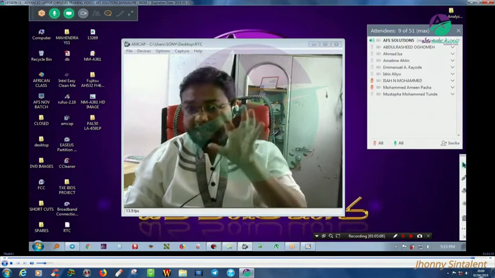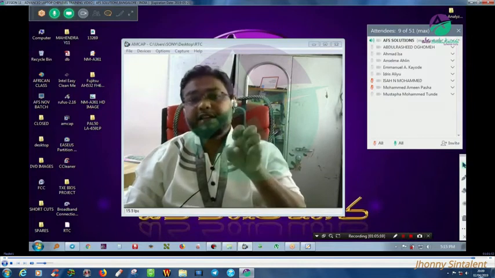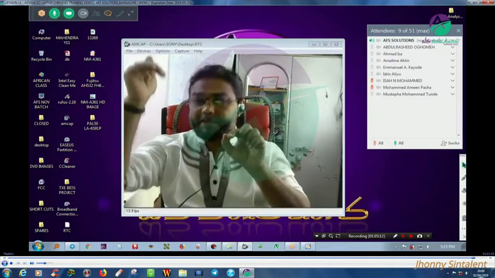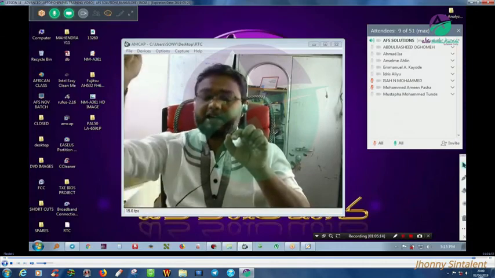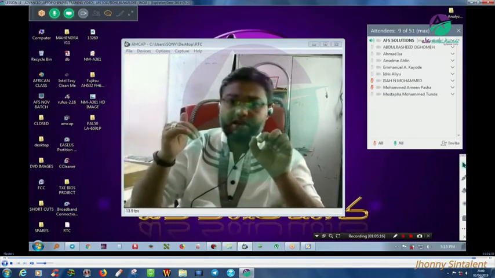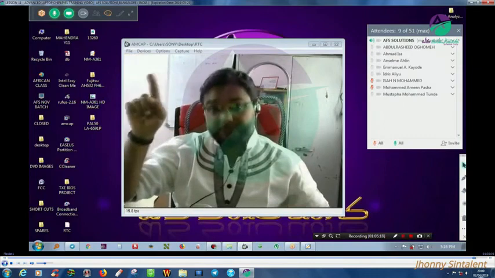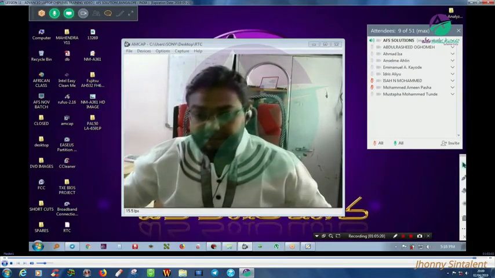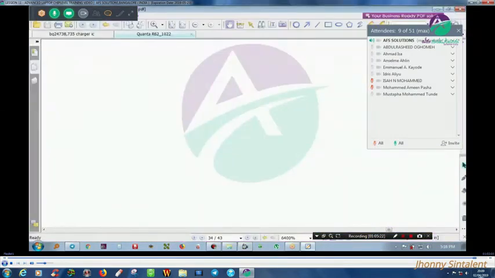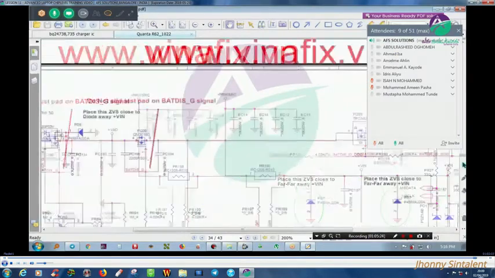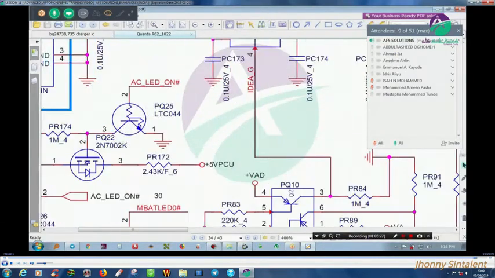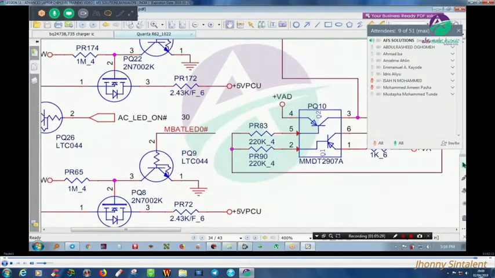It is not blinking, it is confirmation. If it is blinking, that means battery confirmation is coming to the IO controller, and again it is going back. That means the battery is faulty. In schematics, you can see here, when my battery is connected, you can see MBAT LED.